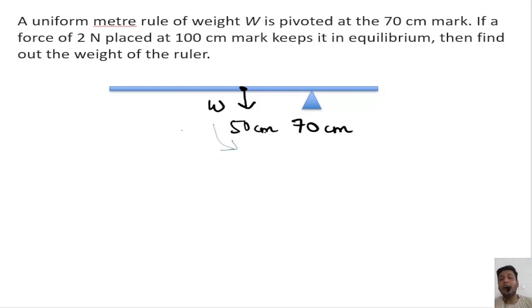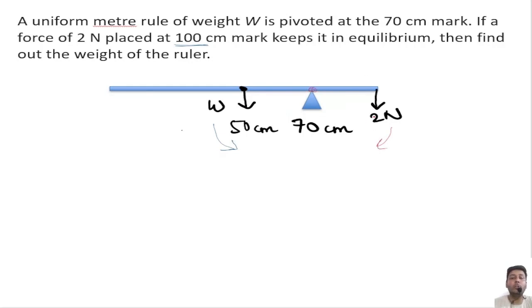In order to balance this, where should the 2 Newton be kept? It is given that 2 Newton is kept at the 100 centimeter mark. The force will act in this direction, 2 Newton, and it should give a clockwise moment, because this is the pivot point.